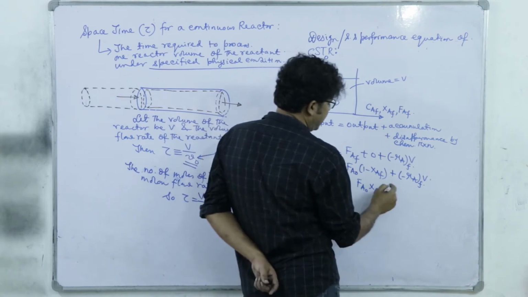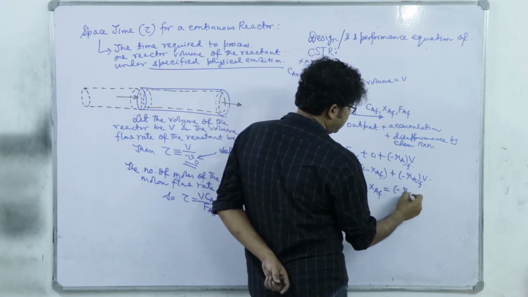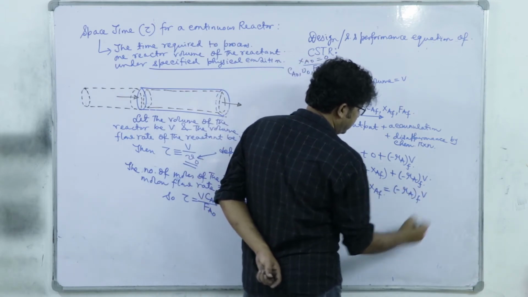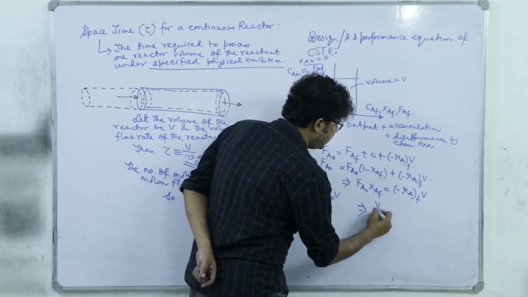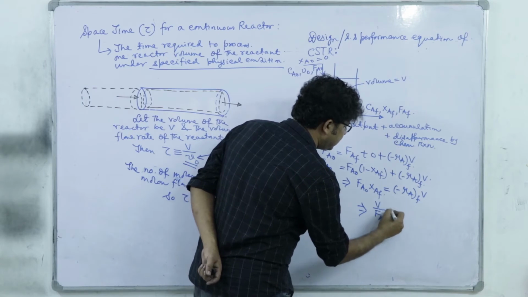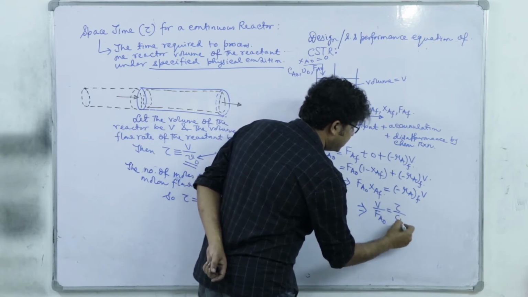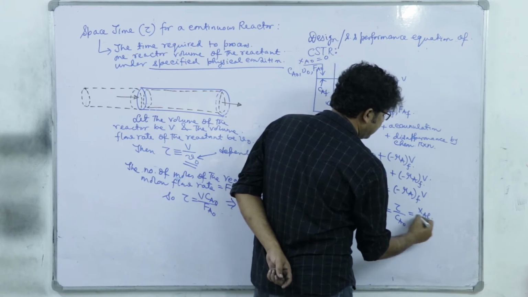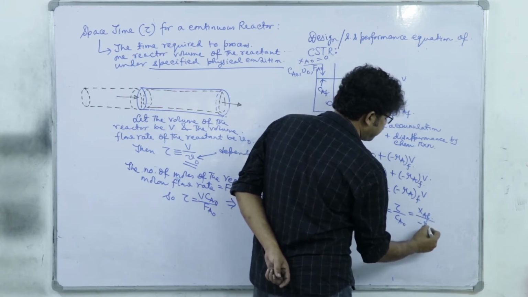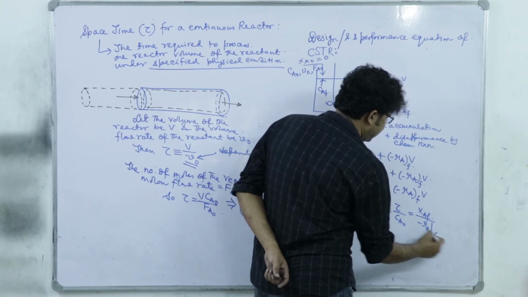So, Fa naught into XAF is equal to minus Ra at F into V. So, we have the final design equation as V by Fa naught, which we have just proved is equal to tau by Ca naught, is equal to XAF by minus Ra at F.